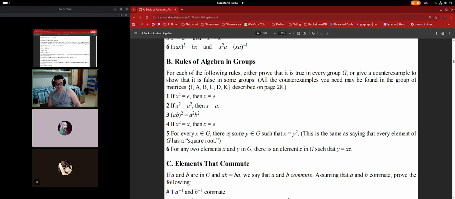For every x in G, there is some y in G such that x is equal to y squared. This is the same as saying that every element of G has a square root. I think this is also true, right? I believe every element has a square root in G, right?